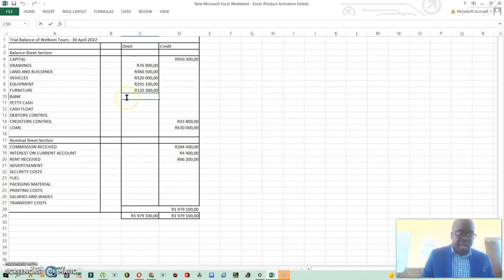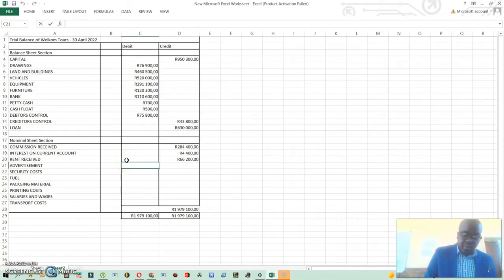We will have the bank, which is 110,600. We will have petty cash of 700. We will have the cash float of 500 rand. We will have debtors control of 75,800. Then you will come now to your nominal account.